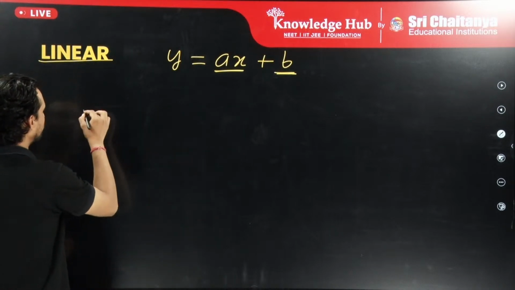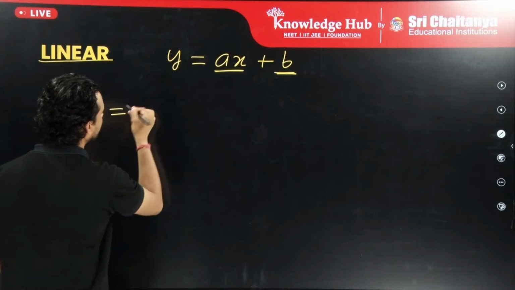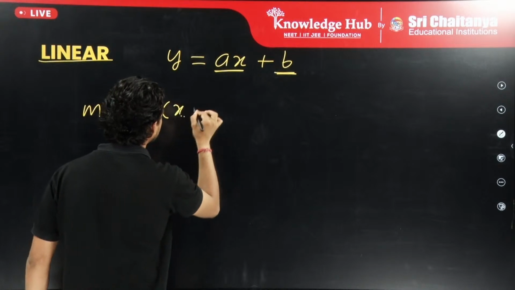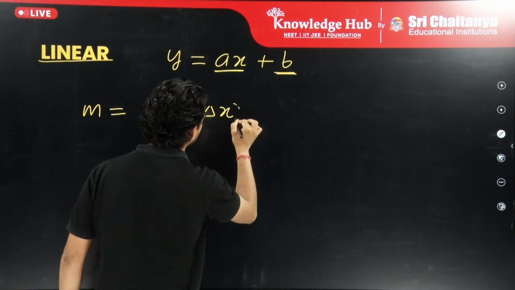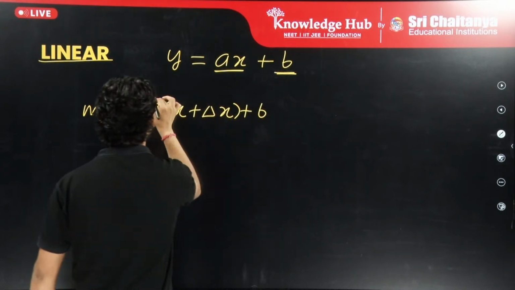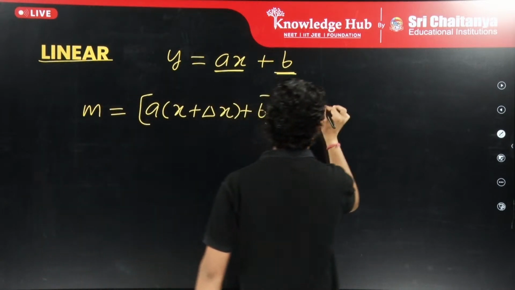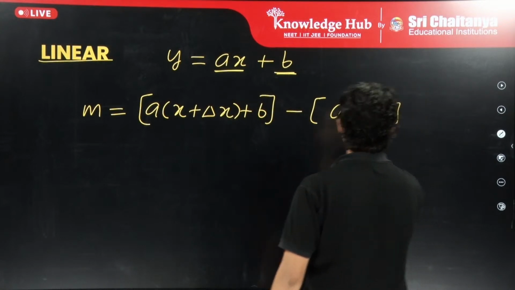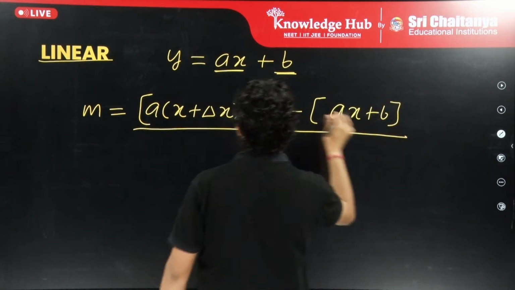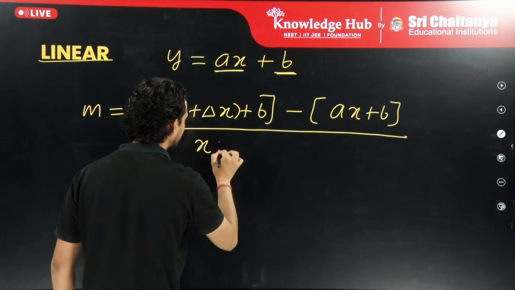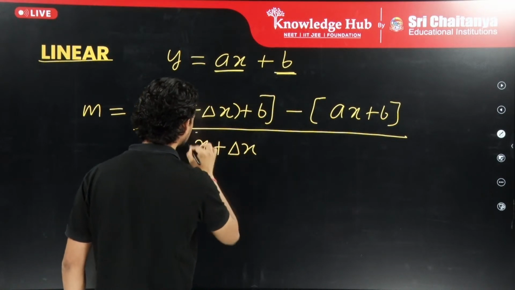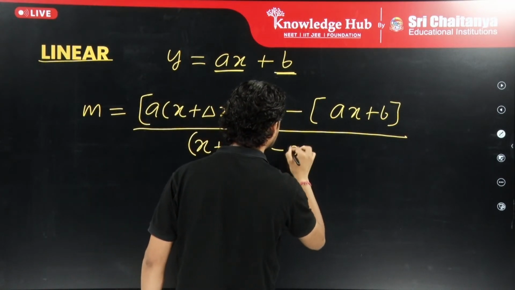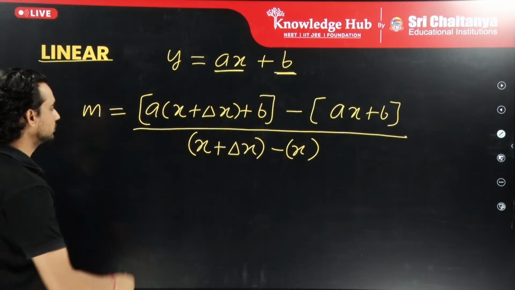So let's find the slope. m will be equal to a(x plus delta x) plus b, which is basically my y2, minus y1, which is ax plus b, upon the change in my x, x plus delta x, x2 minus x1. Let's find this.